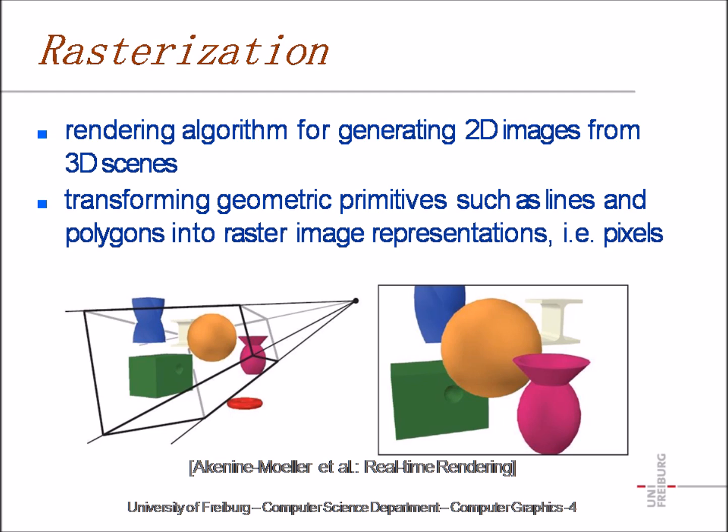Coming back to our slide, students, you can see that rasterization is also a process of transforming geometric primitives such as lines and polygons into a raster image representation, that is, pixels. Simply, we can say that rasterization is a process which represents an image in a two-dimensional matrix where the intersection of a row and column represents a pixel value or a pixel, also called a picture element.